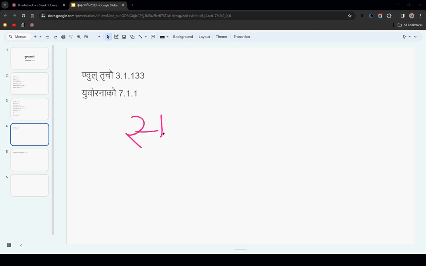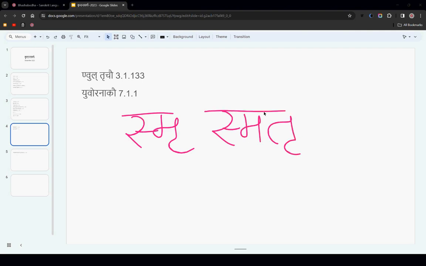So we have smru, smartru, pratipadikam smartru, smarta, one who remembers, like smaraka. Like stotru, stu dhatu.